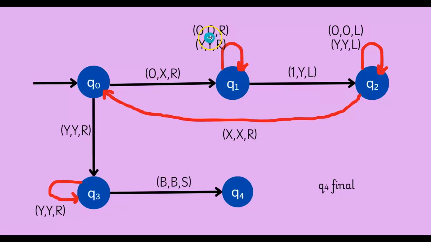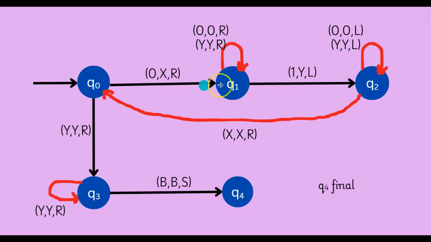Again, if you find zeros or y, you keep them as they are and move right to find the next 1. You make it y, then move left to find the next 0. This has to be repeated until all zeros have become x and all ones have become y.